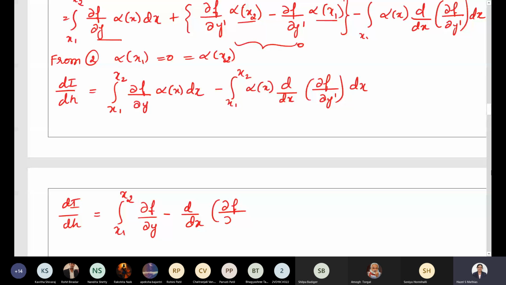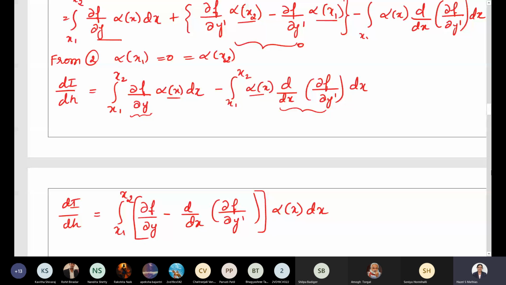So this is the term, and what is remaining is alpha of x into dx. So this integral and alpha of x are the common terms. What is remaining is ∂f/∂y into dx, then minus d/dx of ∂f/∂y'. So these are the terms which are remaining. We have simplified and written.